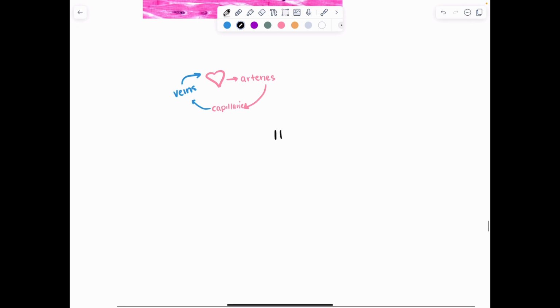So I have my heart here. From my heart, I'll do it in pink, we start with our elastic arteries. From our elastic arteries, we become muscular arteries. And then from our muscular arteries, we have arterioles.